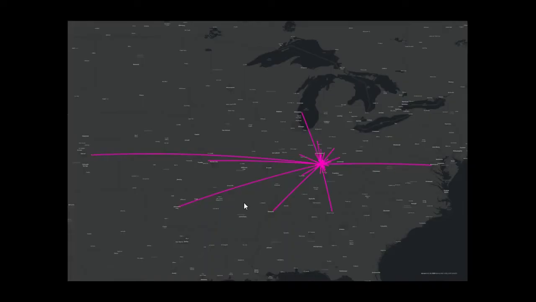This is a radial flow, which is akin to something you'll see on a future exercise. It shows where all the destinations are, where the jobs are for people who live in Jackson County, Indiana. So this is radial flow. These are all the places people are going to in Jackson County to find their workplace.